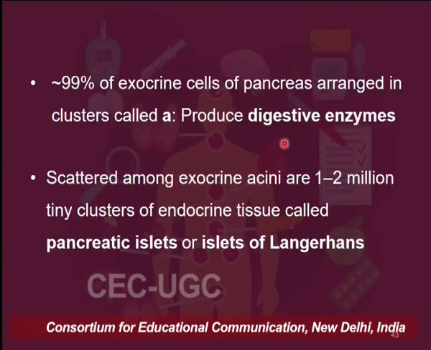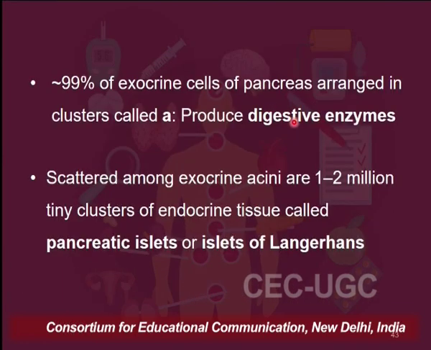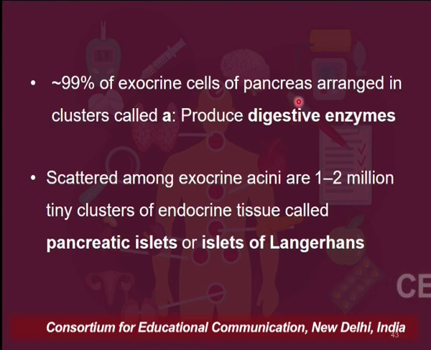Now, 99% of the exocrine cells of the pancreas are arranged in clusters called acini, which produce digestive enzymes. Among these acini are scattered around 1 to 2 million tiny clusters of endocrine tissue, which are referred to as pancreatic islets or islets of Langerhans.